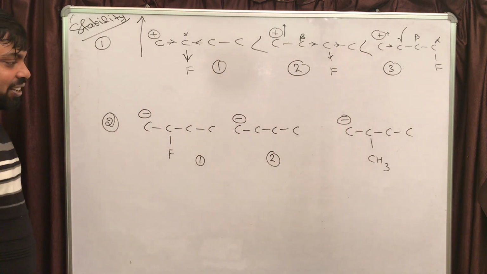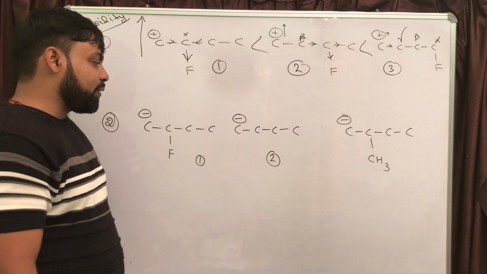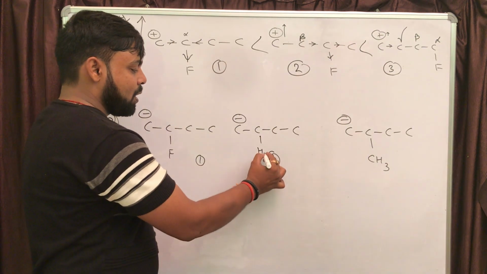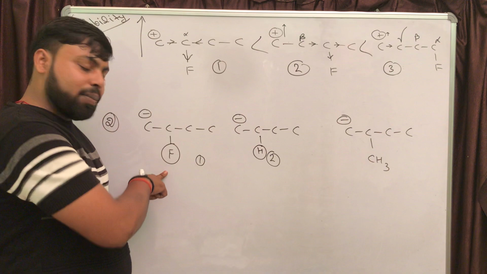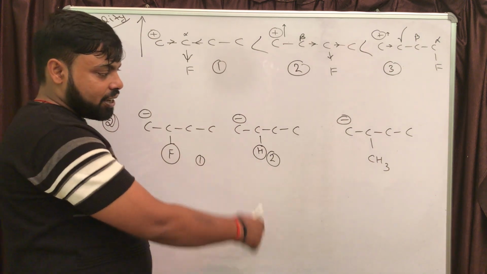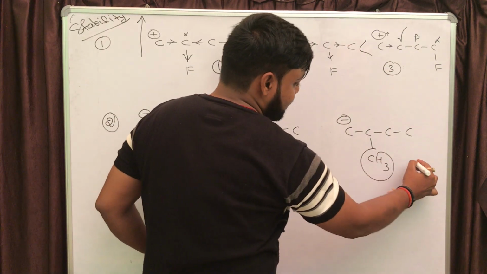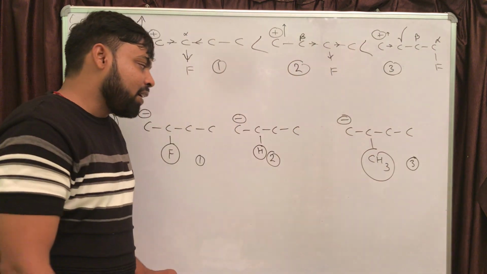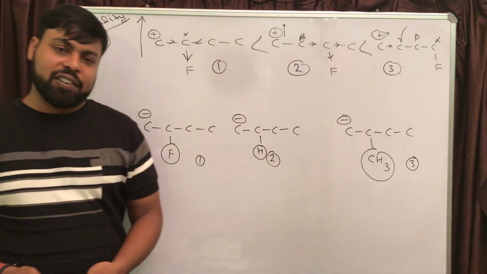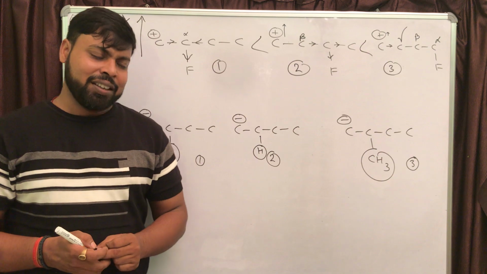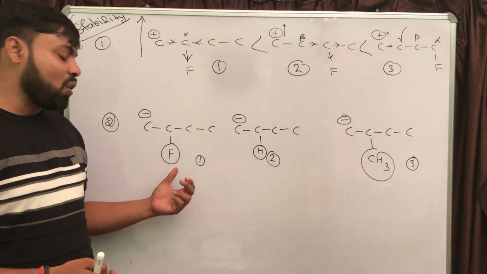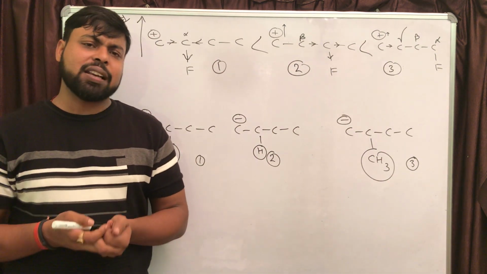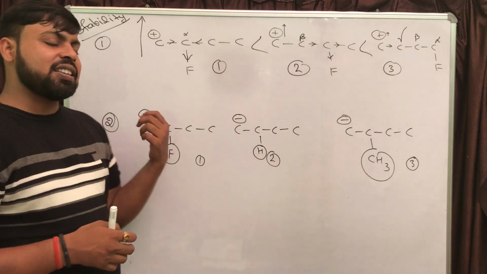Now the second question is, if you observe, the point of difference is on second carbon atom, first compound is having fluorine, second one is having hydrogen, and third one is having CH3, right? And the species is negatively charged. We know the fact that electron withdrawing group, minus I group, is going to stabilize the negative charge.